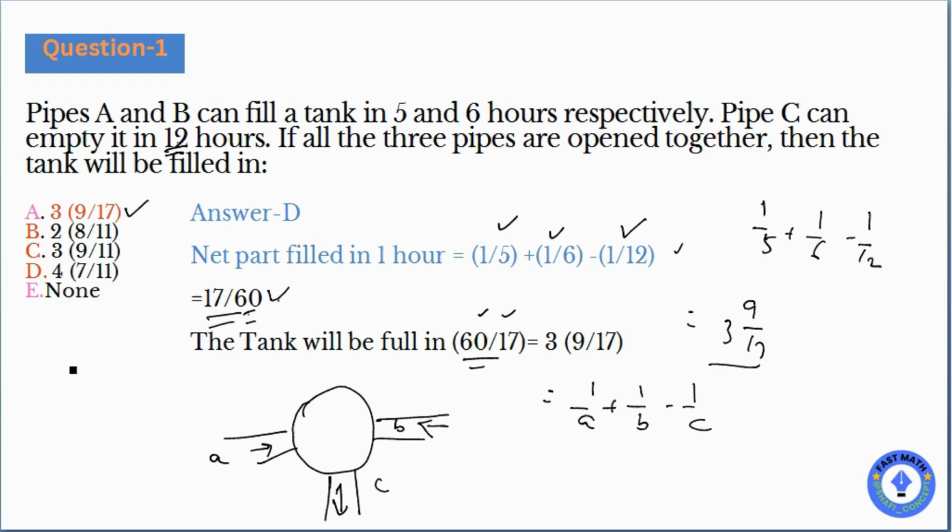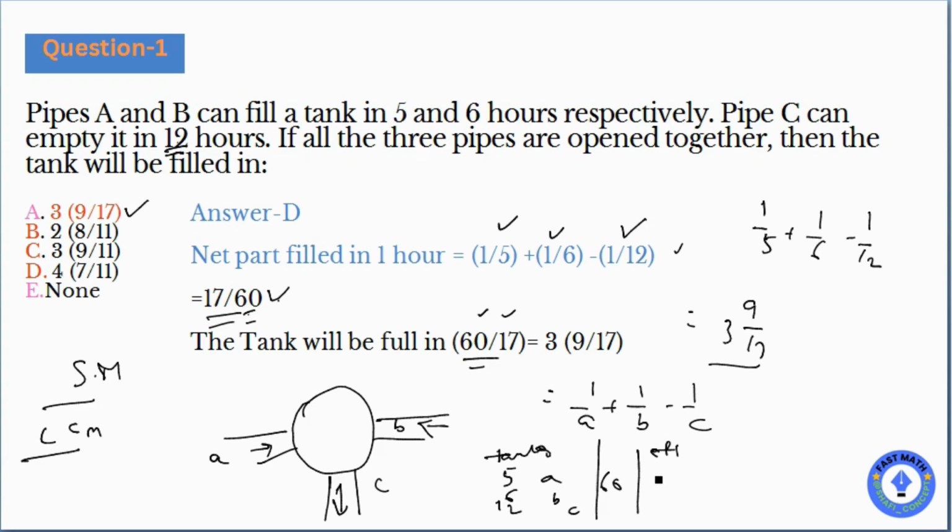As you know, our theme is to get the faster way of getting the answer. We are going for the shortest method for this problem, just taking out the LCM. Before going, I want to give a brief idea. Write down A, B, C. What is the efficiency? A is 5, B is 6 and C is 12. Take the LCM, which is 60.